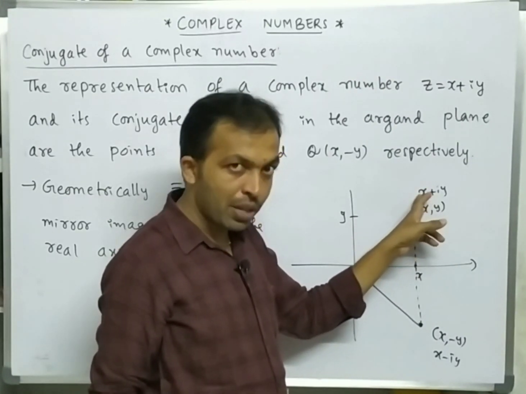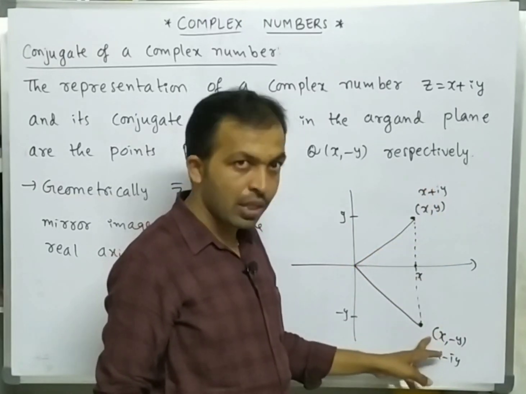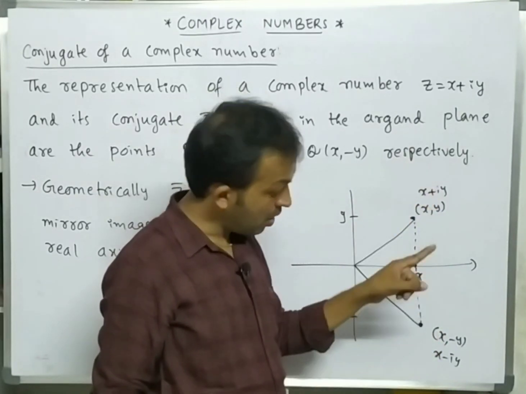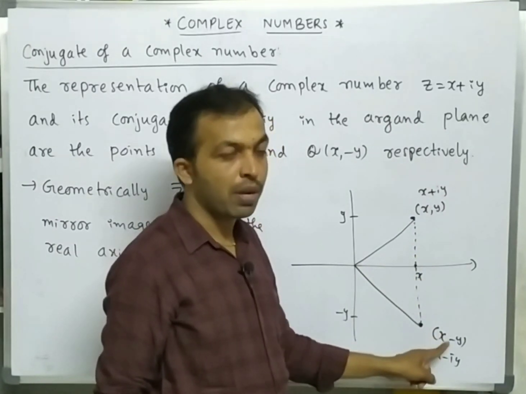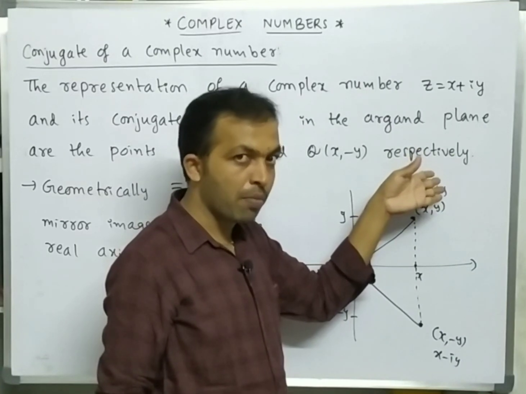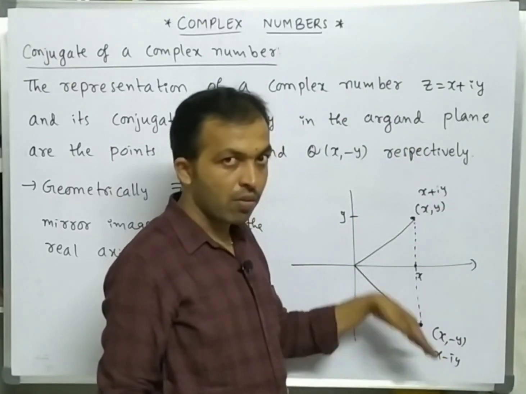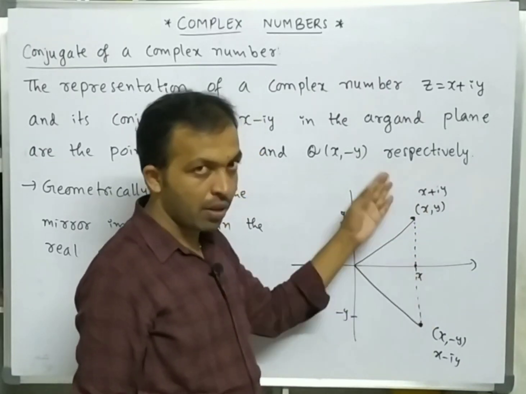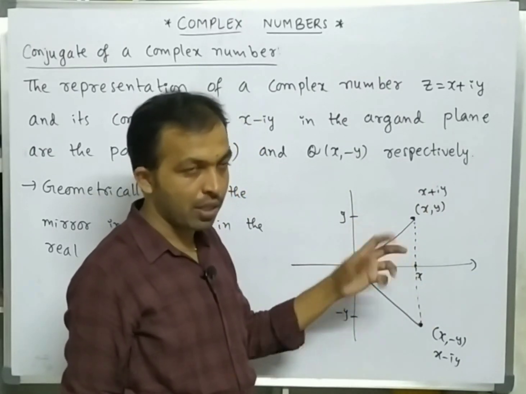If this is a complex number, then its conjugate is the image of the complex number. If this is the complex number x minus iy, then its conjugate is x plus iy, which is also the image. So here the real axis is the mirror and these are the corresponding images.